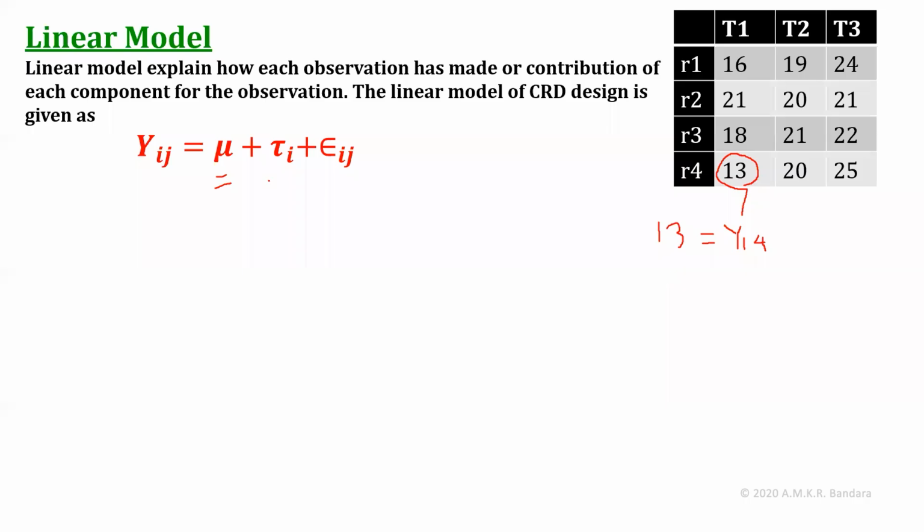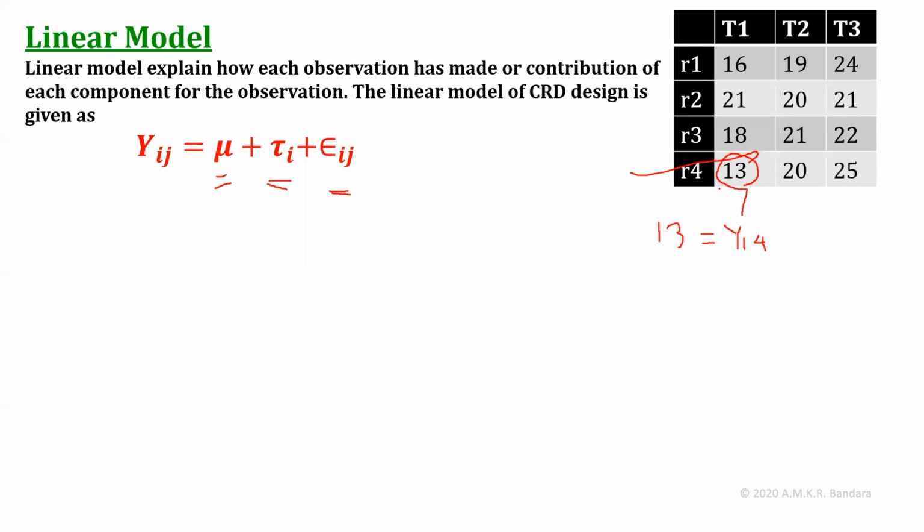So this tau represents the contribution given by this treatment to this observation, that is 13. Even though we have applied the same treatment to these experimental units, their weights are different. That is due to error or residual. So there is a contribution from residual also to this 13.